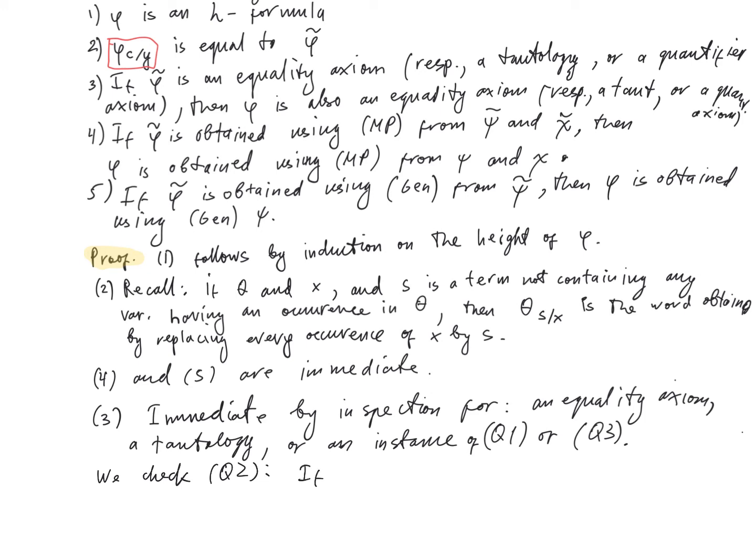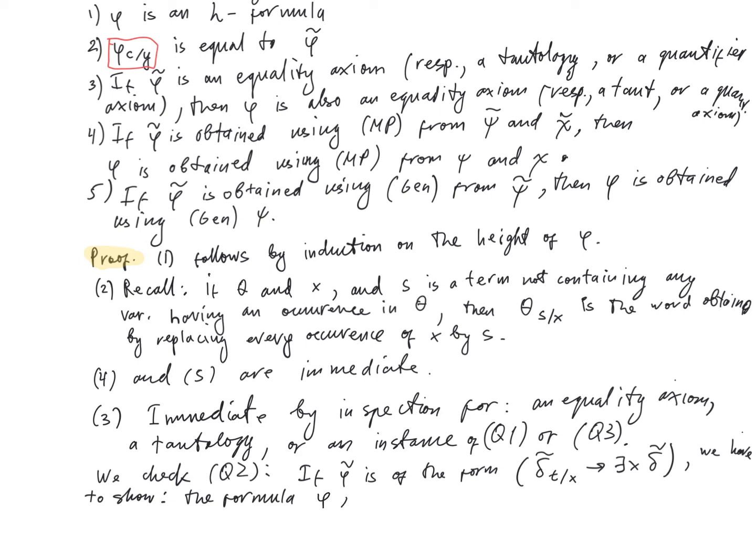Towards this purpose, assume that phi tilde is of the form as in the axiom Q2, so it is of the form delta tilde with some term t substituting x implies exists x delta tilde, where delta tilde is an L union C formula and t is an L union C term, then we have to prove that the formula phi obtained from phi tilde, which is given by substituting the variable y in place of the constant symbol c.